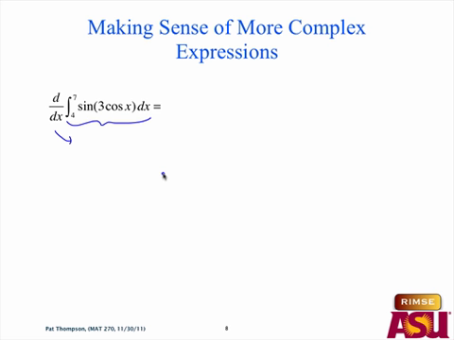It's the rate of change of the accumulation from 4 to 7. What's that? The rate of change of the sine of 3 cosine x. Yeah, so that thing is accumulating at a rate of this, sine of 3 cosine x.